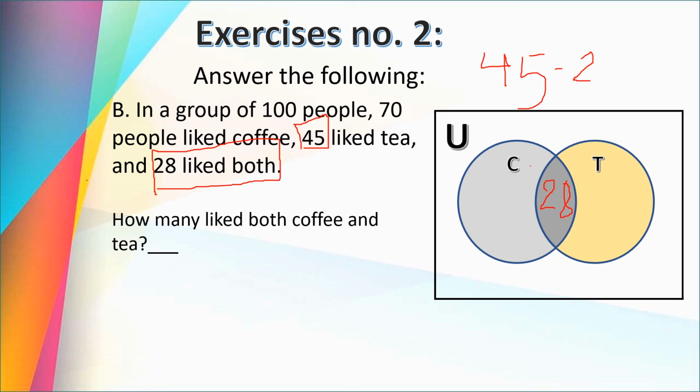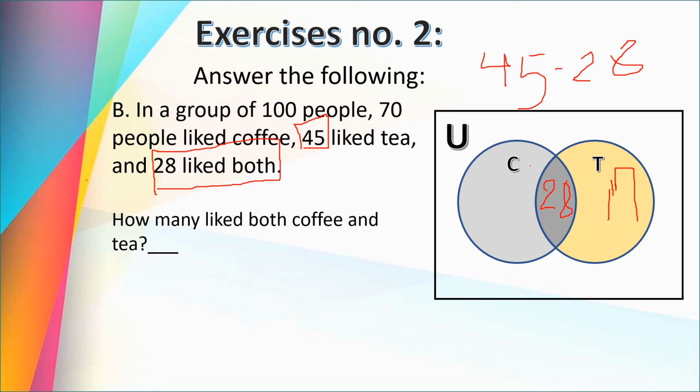So, 45 minus 28 is, again, what's your answer? Very good. That is 17. So, 45 minus 28 is 17. So, isusulat natin siya dito sa loob ng circle P natin. Or simply, 28 plus 17 is 45.